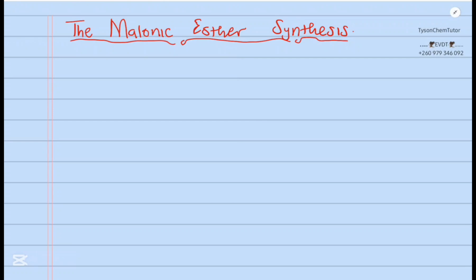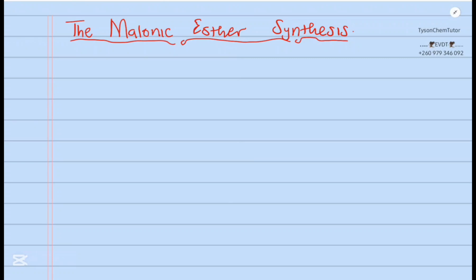A lot of students get confused. What's this Malonic ester synthesis? From the word ester synthesis, they think this process will produce an ester, but that's not the actual thing. This process produces a substituted carboxylic acid.